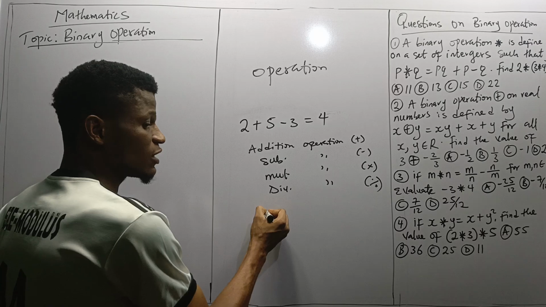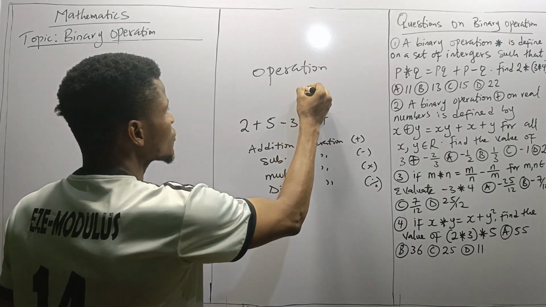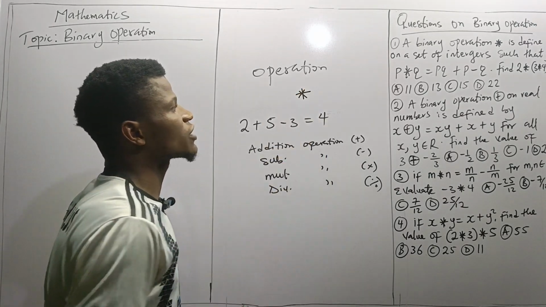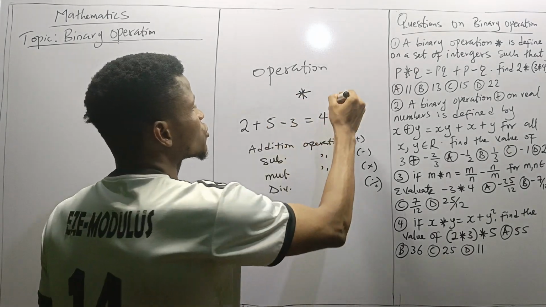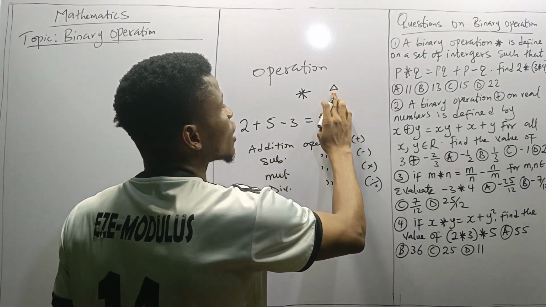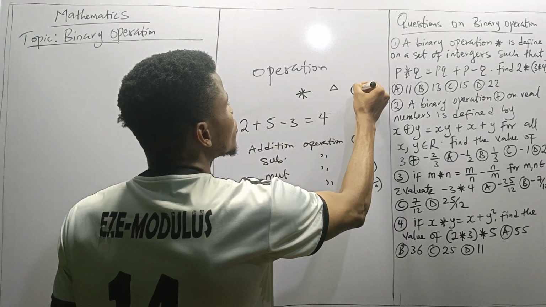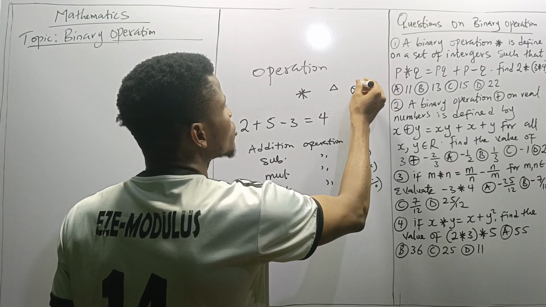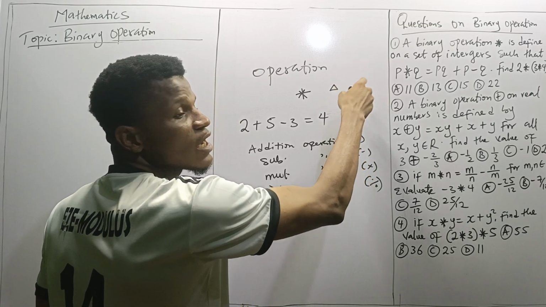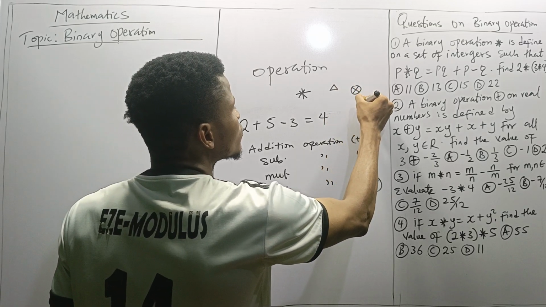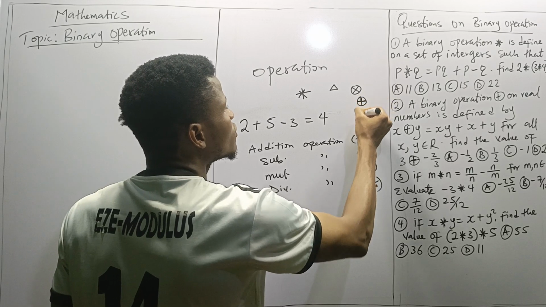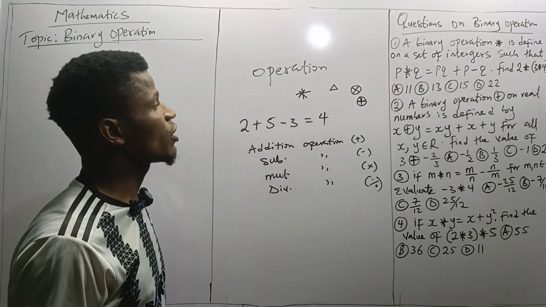Binary operation is generally represented by an asterisk. Sometimes we can use other symbols like a triangle, a circle with a cross in it, a circle with a positive sign in it, and so on.